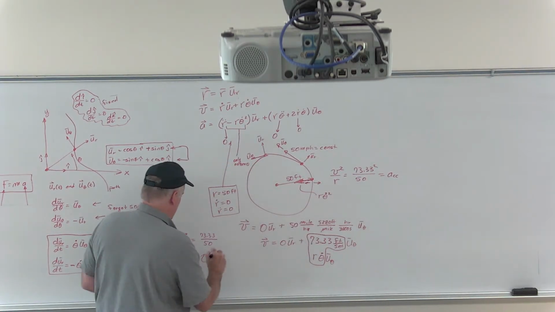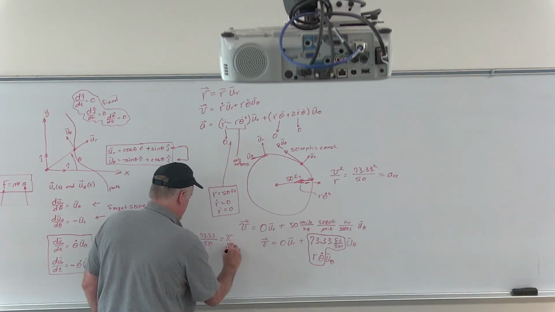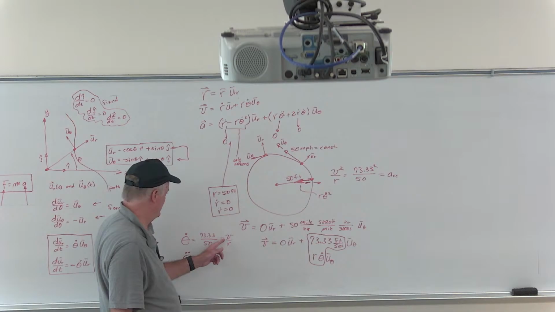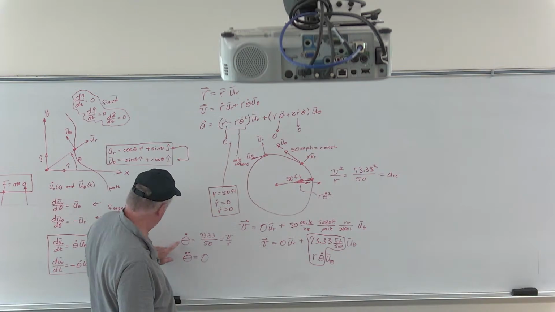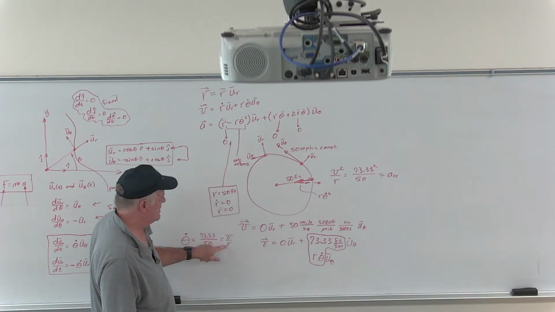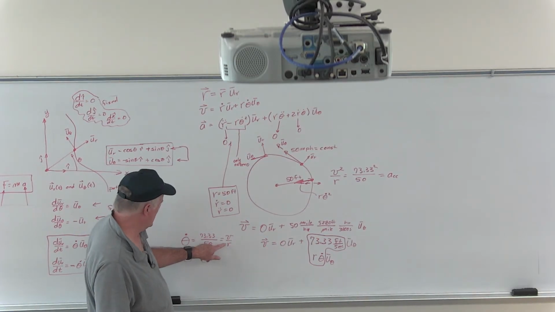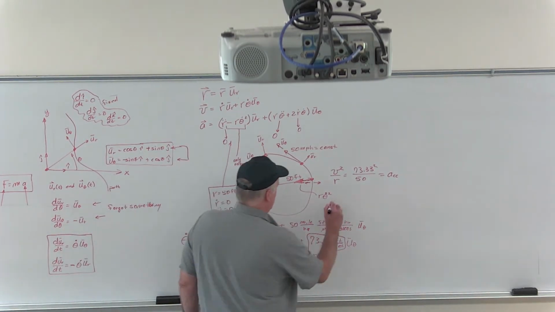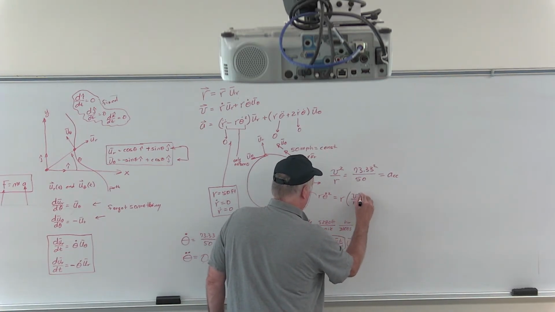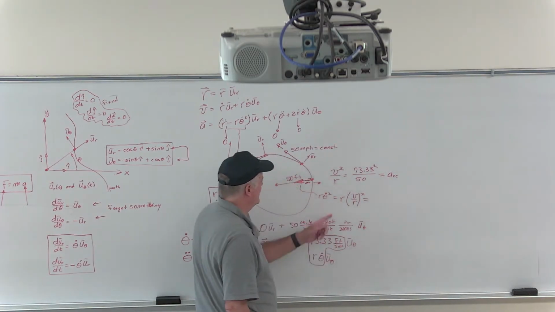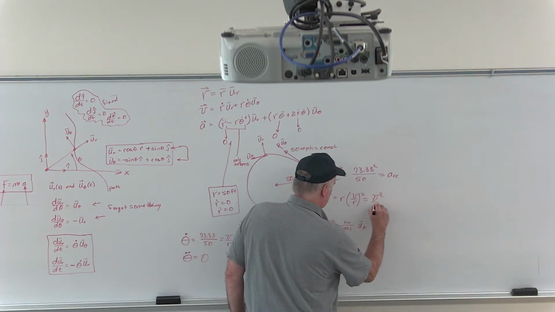But we've already determined that the velocity in the theta direction is r times theta dot, so theta dot is v over r. You can stick that in here, and I would have r times v squared over r squared. One of these r's knocks the other out, and you get back v squared over r.